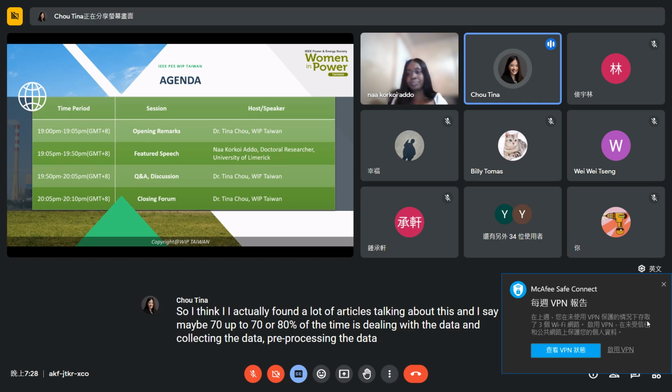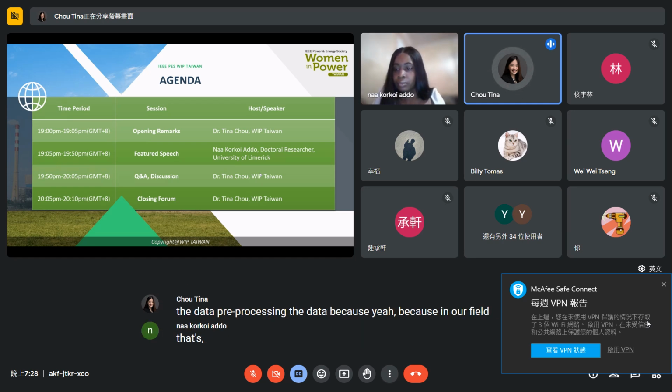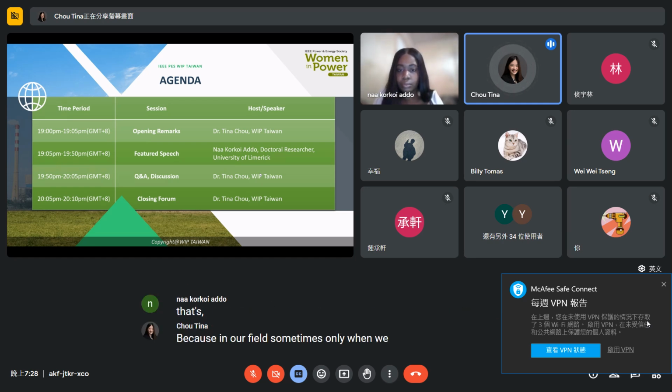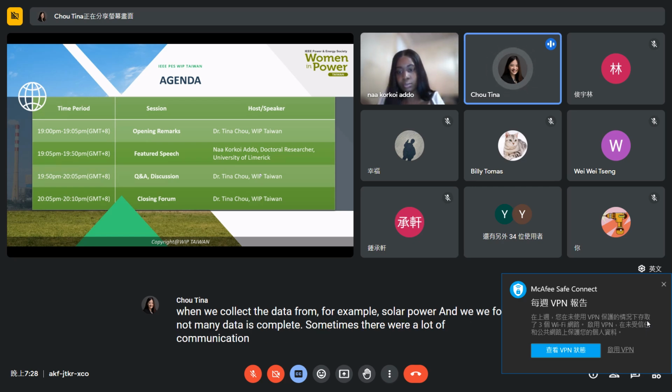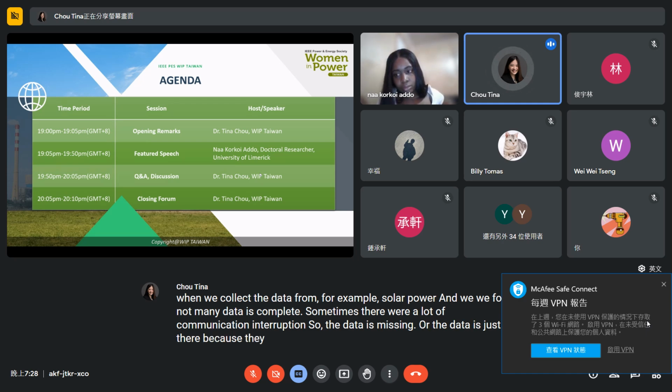That's right. Because in our field, sometimes when we collect the data from, for example, solar power, we found not many data is complete. Sometimes there were a lot of communication interruptions, so the data is missing, or the data is just not there because they recently installed it, so there's not enough historical data.